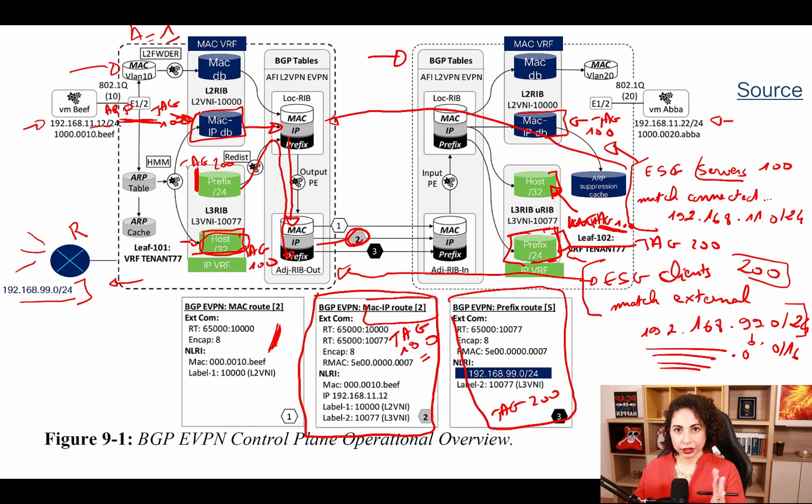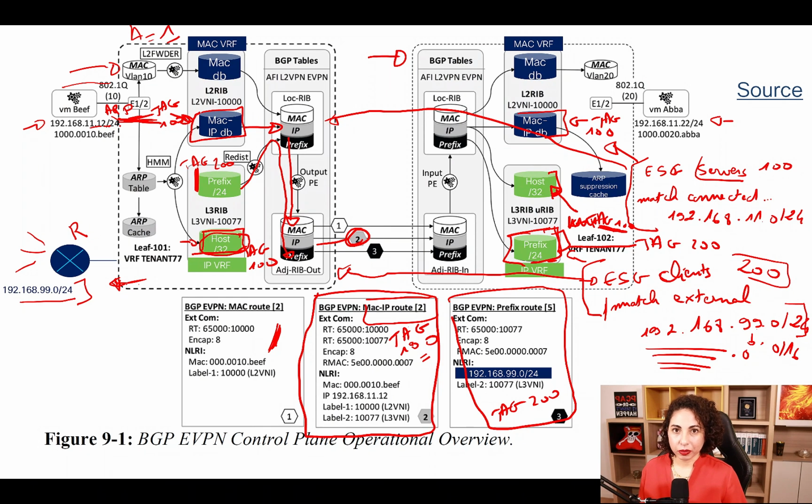So now we are checking the left part, the one for the classic ESGs, clients and servers. For these, we can either match, it can be connected or external, it doesn't matter. It's just that it is the endpoints that we are putting thanks to the control plane, whether it is ARP initially that generated the learning or it is a routing towards an external destination, it doesn't matter.